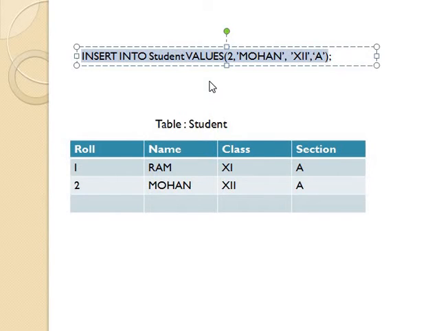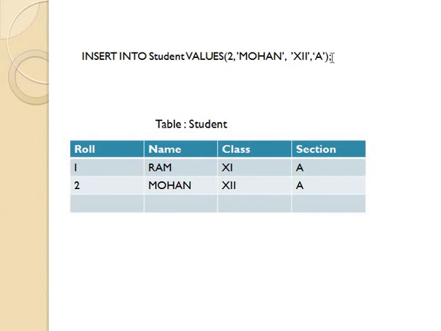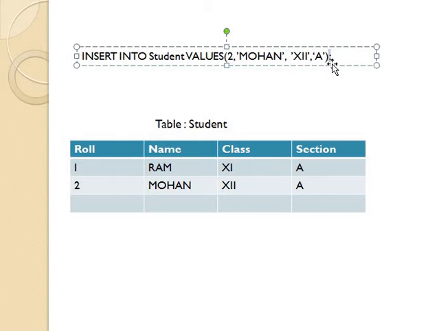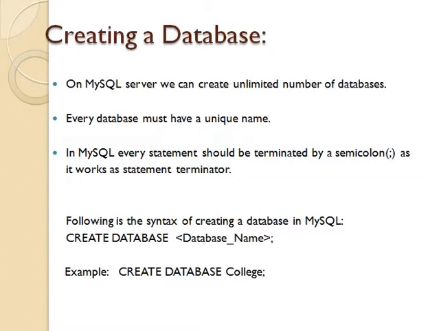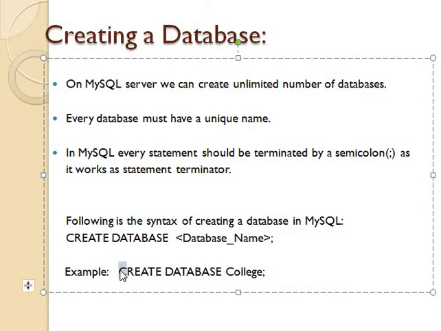So that's why after the end of this statement you can see a semicolon. Again, coming back to our slide, this MySQL statement, create database college, ends with a semicolon, as you can see clearly in this slide.